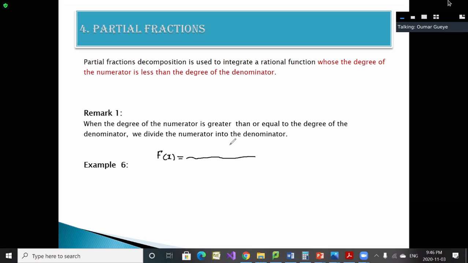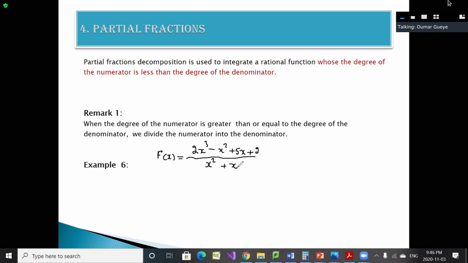So here the numerator is 2x to the power 3 minus x squared plus 5x plus 2. Okay, so this is a polynomial function. The denominator is also a polynomial function, equal to x squared plus x.